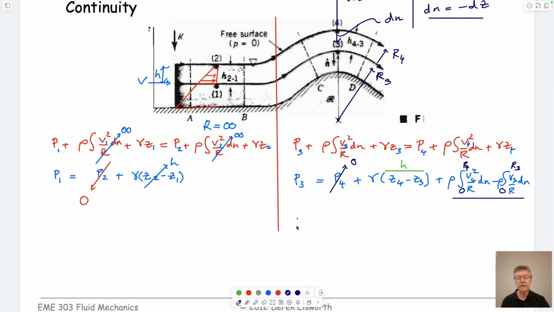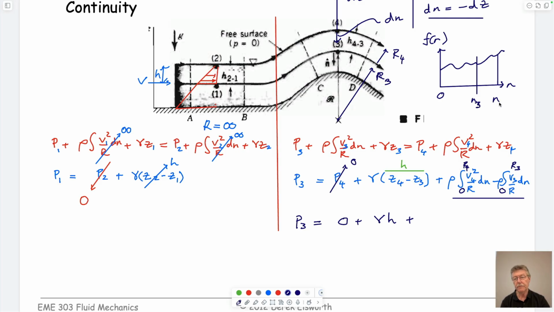So we can rewrite this as P3 is equal to 0 plus unit weight times h plus, you know that you can write the integral for this if this was n and this was a function of n, that this was something like this. This is 0, this is n1, sorry, this is n3, and this is n4.